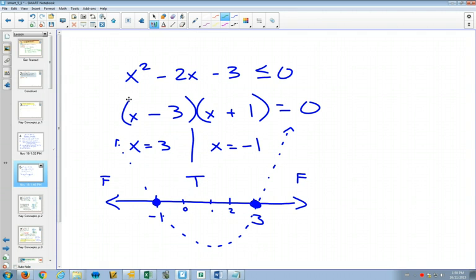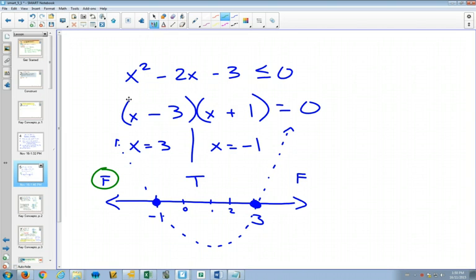If you pick a number less than negative 1, like negative 2, and plug in negative 2, you would get 4 plus 4 minus 3, which is 5. Is 5 less than or equal to 0? No. So you would write false. That's using a test point. Since one point in this section is false, all the points in that section will be false.